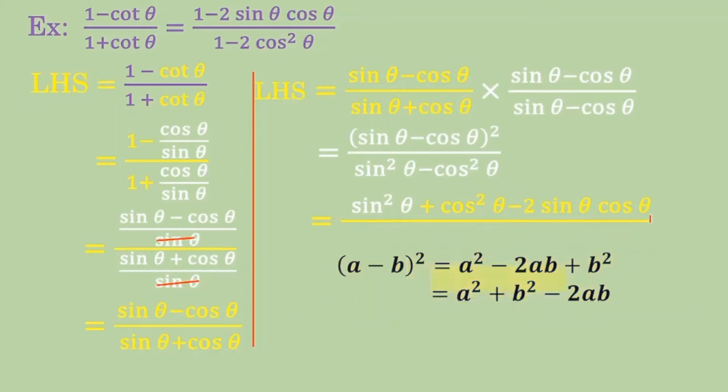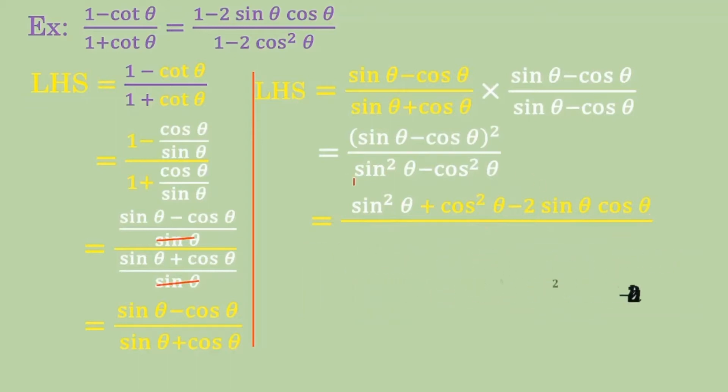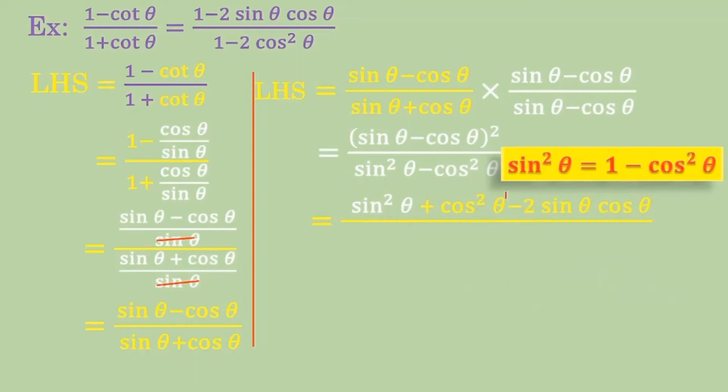We know that sin square theta is equal to 1 minus cos square theta. Keep an eye on the right hand side of the equation and work as needed.